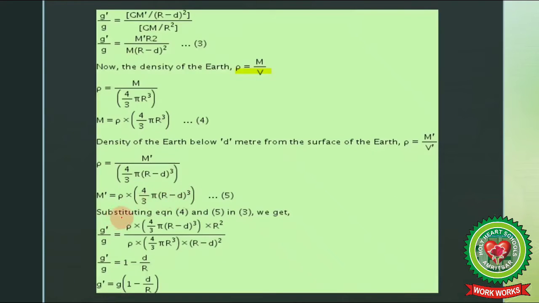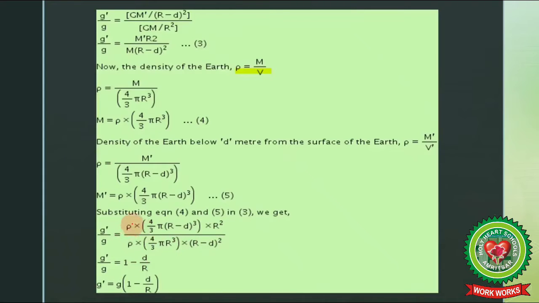Now substituting equations 4 and 5 in 3, we get g'/g is equal to ρ multiplied by 4/3 π(R − d)³ multiplied by R² divided by ρ multiplied by 4/3 πR³ multiplied by (R − d)².